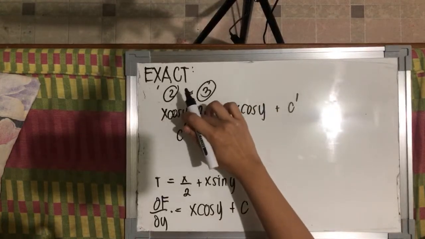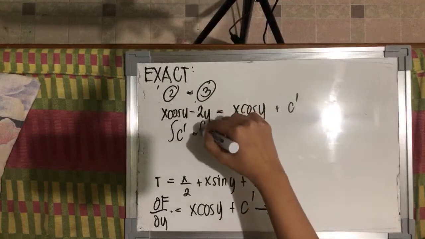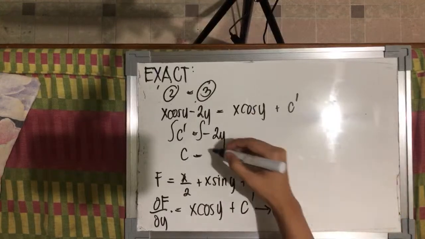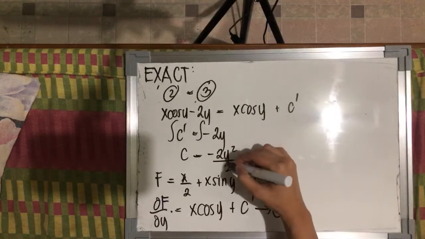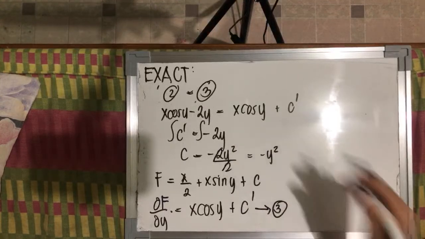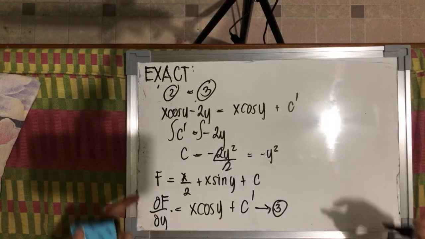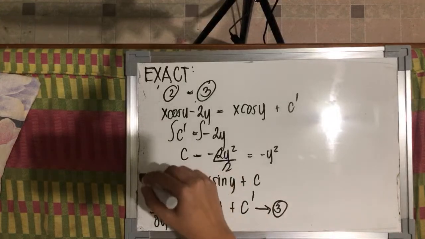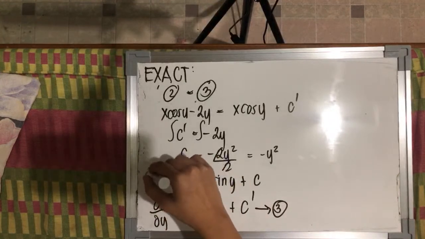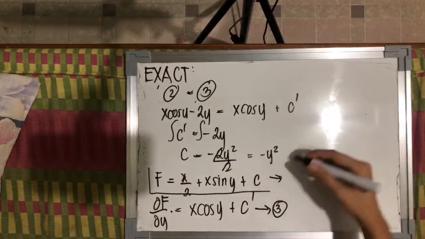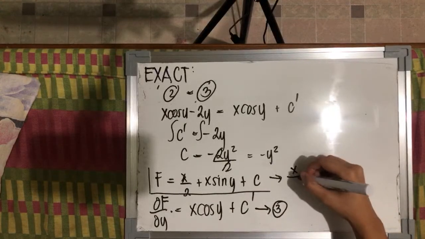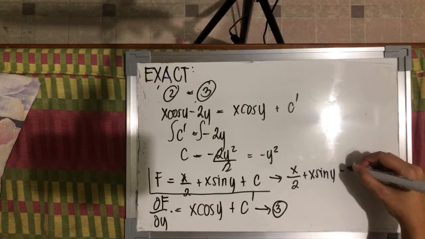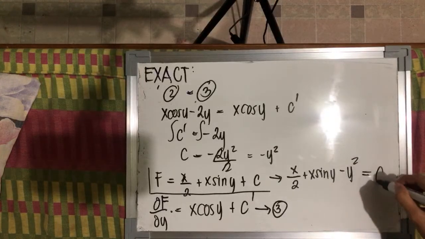C prime to. So, kapag in-integrate ko to, makukuha ko si C. So, C is equal to negative 2y squared over 2. So, cancel, negative y squared. Since meron ka na yung value ni C, pwede mo na siyang i-substitute dito. So, magiging x squared over 2 plus x sin y minus y squared is equal to C.